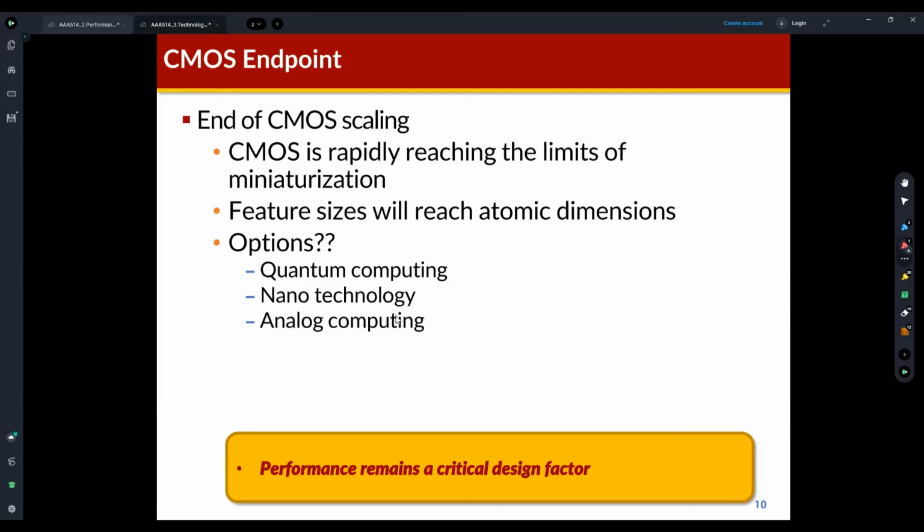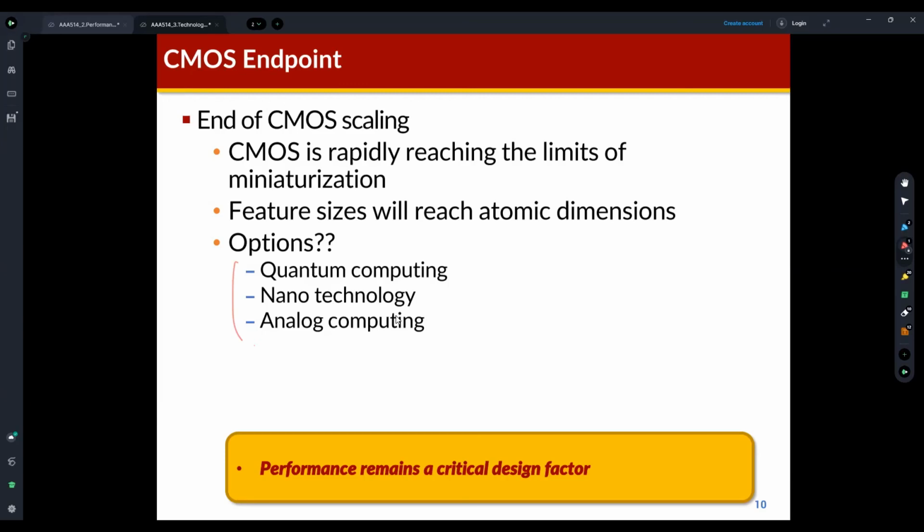Then what will happen? It's very difficult to get better processors, so many researchers are working on this. Some possible solutions are quantum computing or different technologies such as carbon nanotubes, or analog computing. But recently, in the architecture area, we are focusing on domain-specific architecture, not general purpose processor architecture.